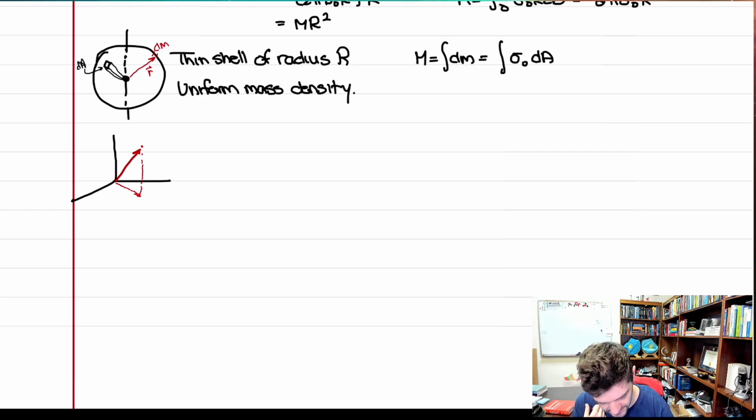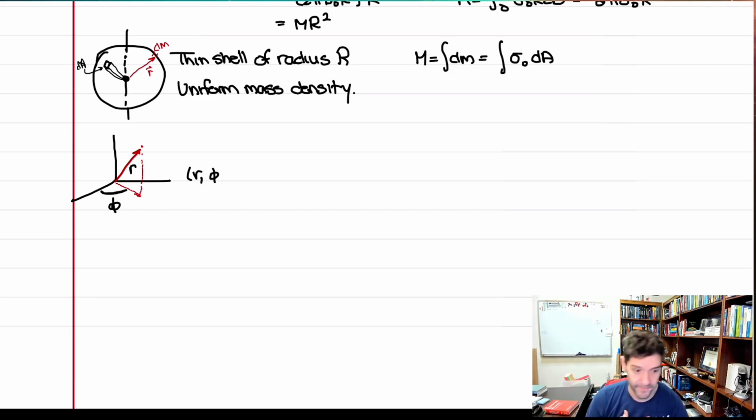There's some radius r, which I'll use little r instead of capital R, which I'm reserving for polar coordinates. How far away am I from the origin? There's this angle here, the azimuthal angle theta, or sorry, phi. Phi gives you how much you have to swing around relative to the x-axis. And then there's the altitude coordinate theta, which tells you how far away you are from the z-axis.